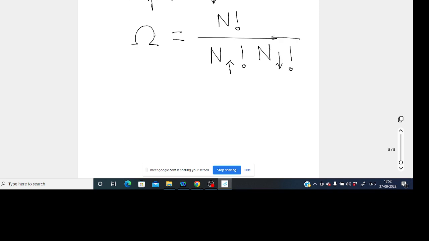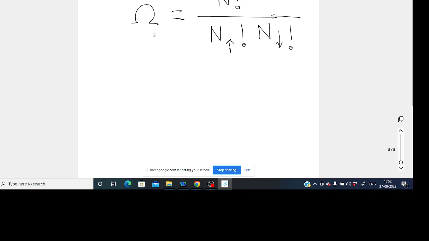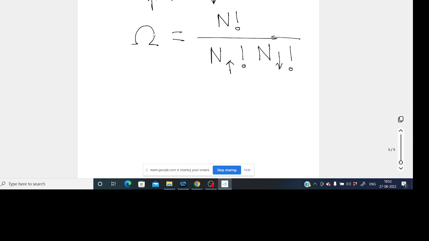This is correct, because there are total n particles, they can be organized in n factorial number of ways, and among them there will be n up spin up particles and n down spin down particles. So this is the number of microstates.